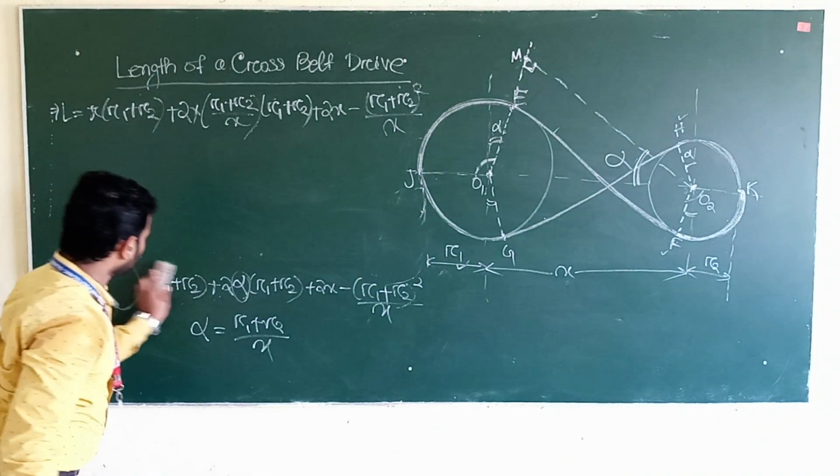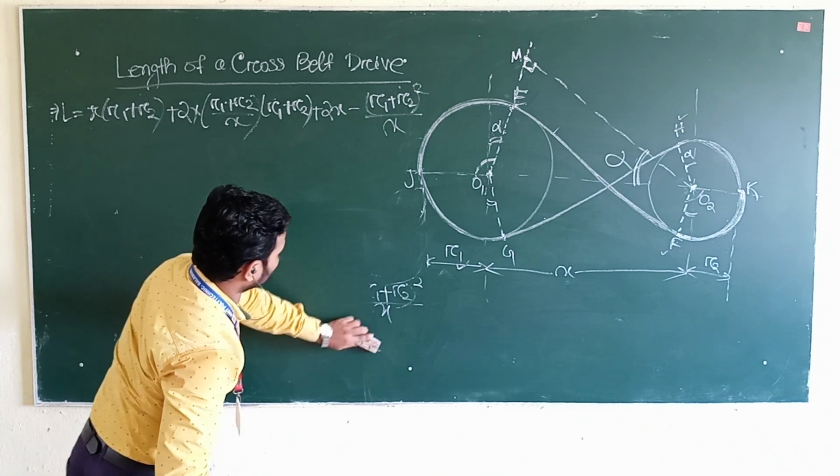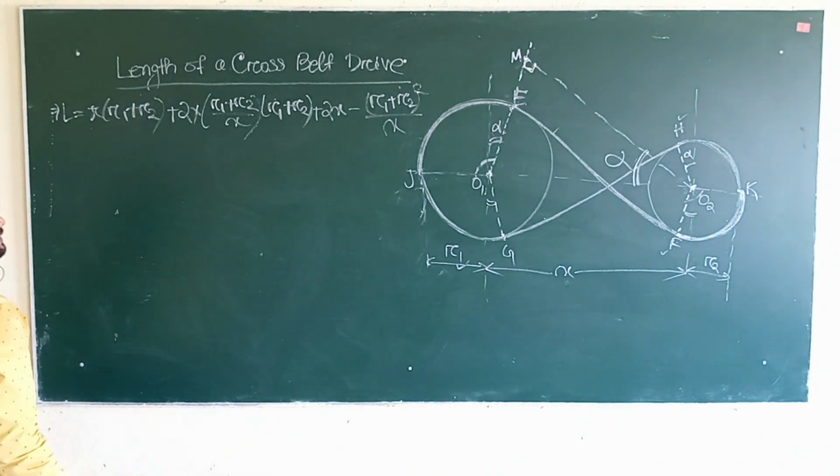So this will come after putting the value of alpha equal to r1 plus r2 by x.